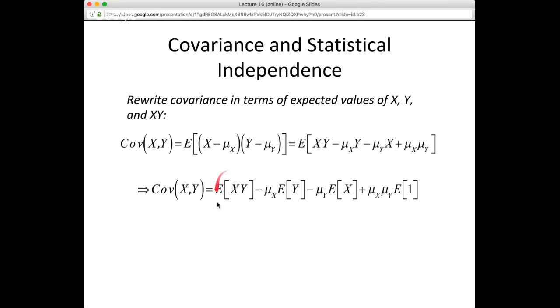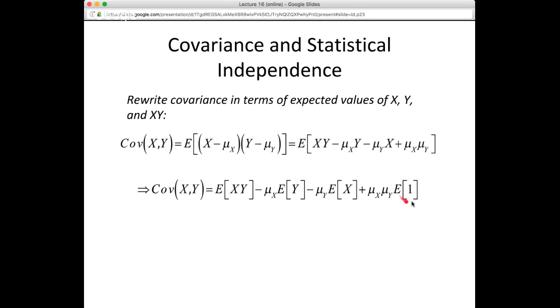So we're going to end up with the expected value of xy. Mu x is just a constant, so it pulls out of the integral, so you get mu x times the expected value of y. Of course, the expected value of y is just mu y. It's the mean of y by definition. Minus mu y times the expected value of x, which of course is mu sub x by definition, plus mu x times mu y times the expected value of 1, so pulling that out.